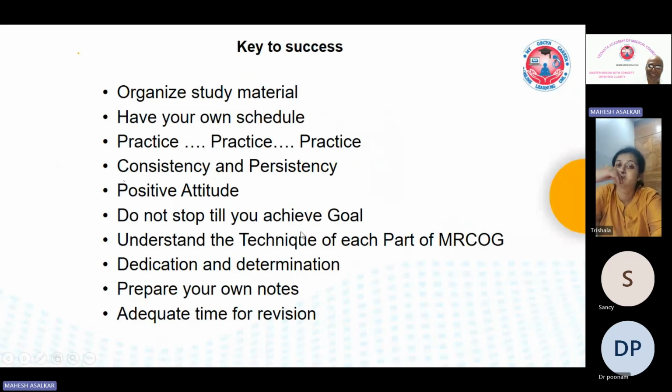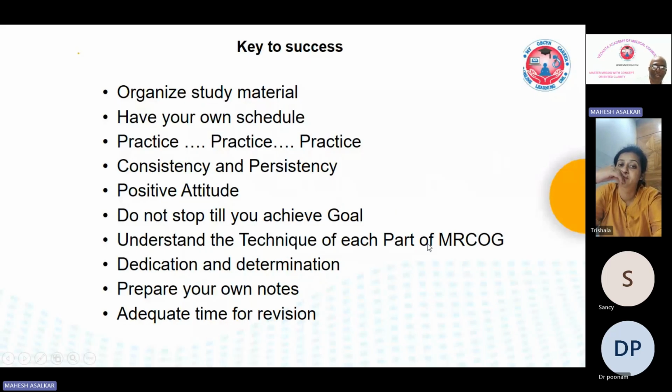Okay, understand the technique of each part is different. Part one I am discussing now, because the technique is a computer based examination, SBA type of question. Part two, the question type is also different, so the way of preparation is also different. You cannot use the same technique of preparation for different parts. Then dedication and determination is required.